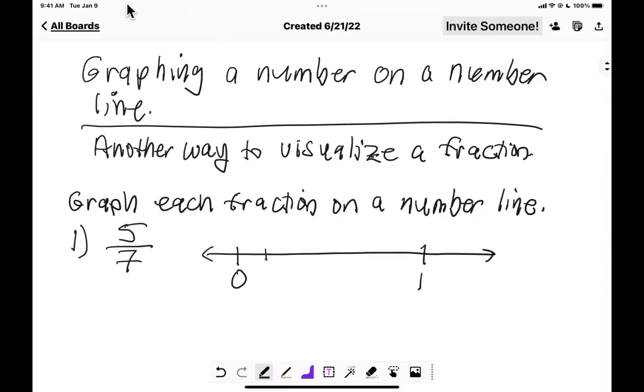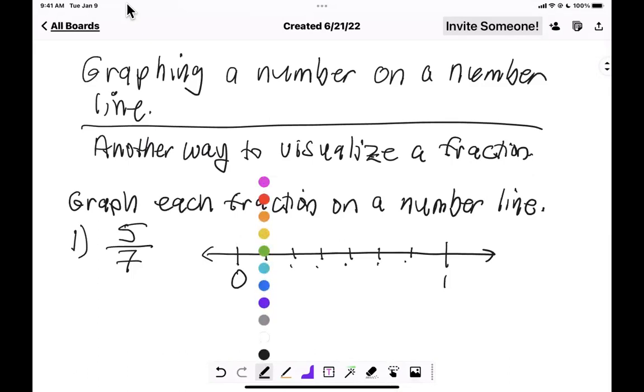I know mine probably won't look like it, but hold on a second. Okay, so 1, 2, 3, 4. I got to move my 1. I'm trying to make them even, but it's not working out. Hold on. So 1, 2, 3, 4, 5, 6, 7.